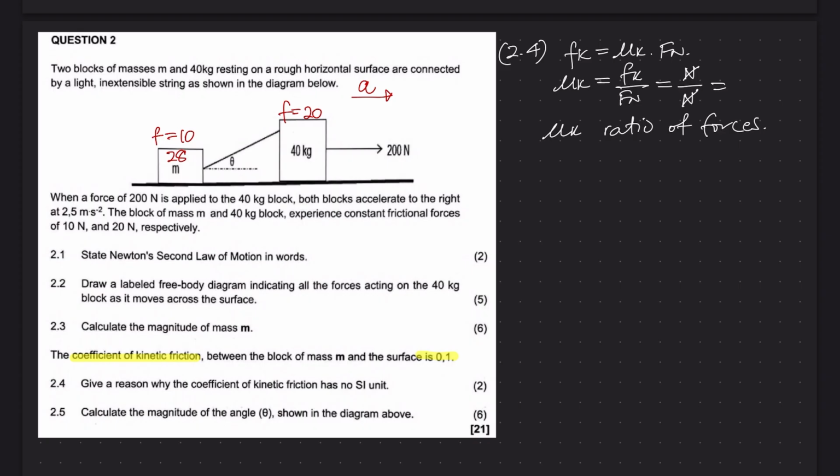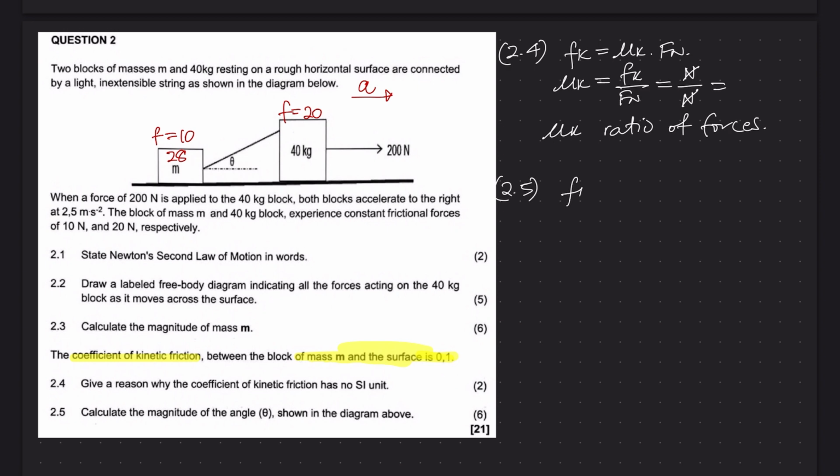Okay, last question, question 2.5. Calculate the magnitude of the angle theta shown in the diagram above. Okay, so to answer this question, let's look at the information that we got. We got the coefficient for block M. All right, so 2.5, what we can do is start with the friction. We know the value for friction.